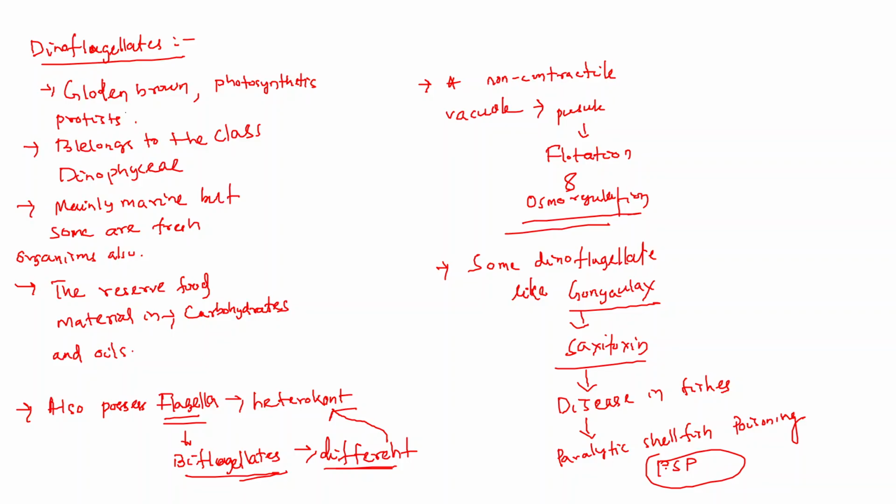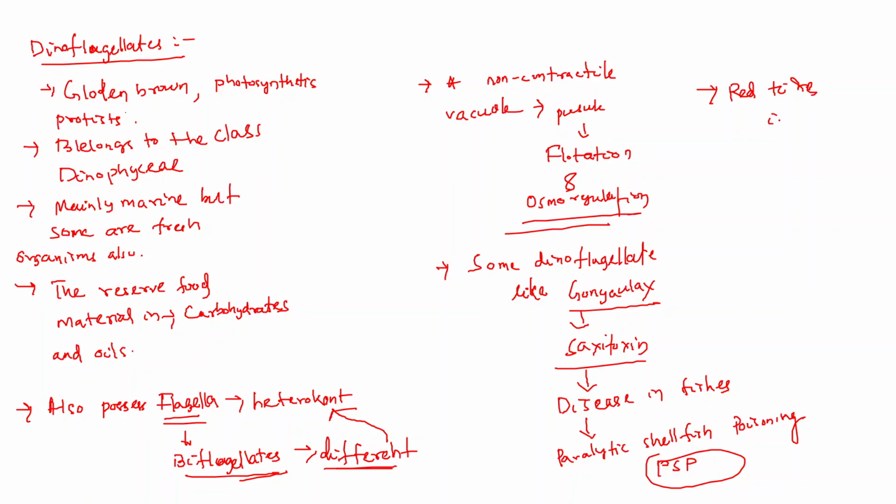And some dinoflagellates proliferate in large numbers and cause red tide of the sea. As they are red in nature, some dinoflagellates proliferate, meaning increase their number, and form red tide. Red tide means that the area turns red in color.